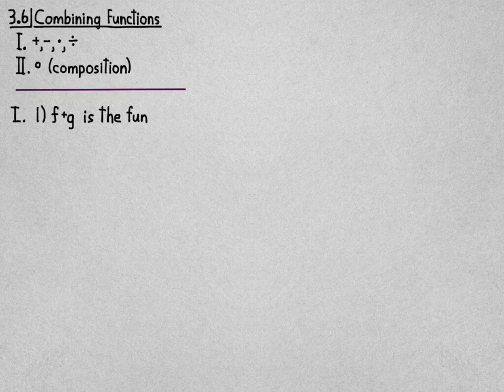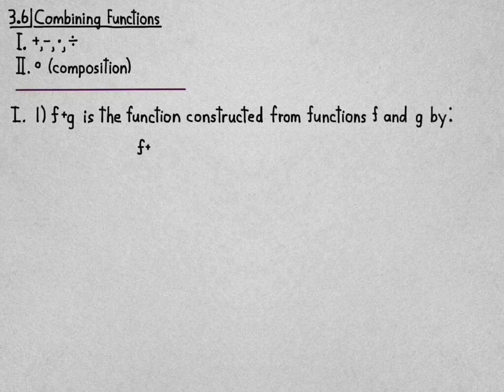So first, f plus g is a function constructed from functions f and g by, you have to say what it does to an input. So you add two functions, you define that by saying what it does to an input x.